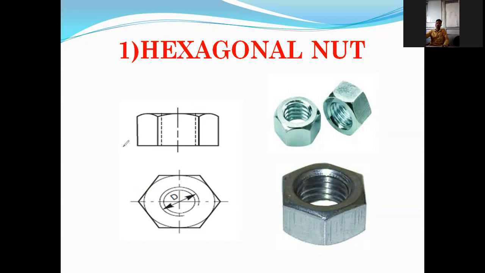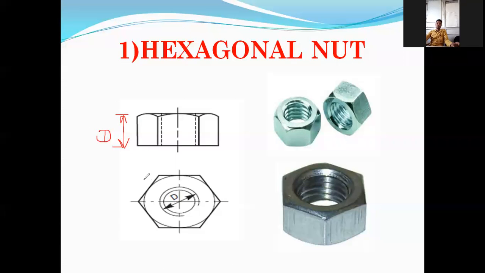We have discussed what the height is for this nut. It is equal to the nominal diameter. In a multiple choice question this may come: the height of the hexagonal nut is equal to, with options 1, 2, 3, 4, and one of the options may be the nominal diameter. So the height of the hexagonal nut is equal to D.